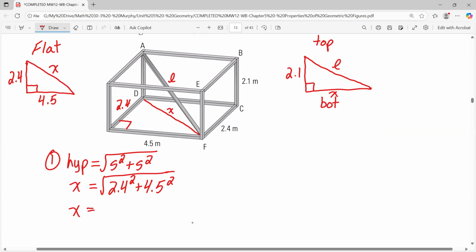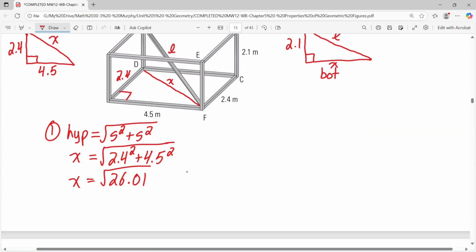Okay, 2.4 squared plus 4.5 squared is 26.01. That doesn't sound right because we still have to square root it. And we end up with 5.1. So X equals 5.1 meters. Okay, so now we know how far across corner to corner it is.